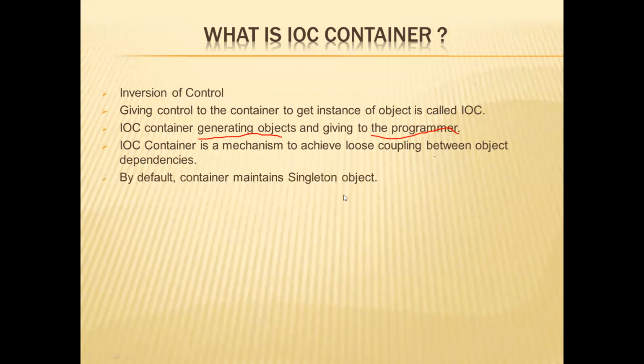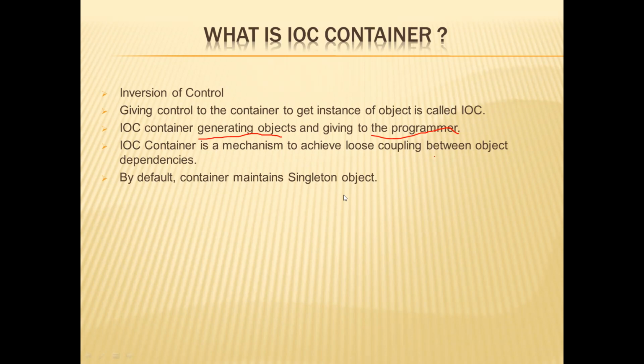By default, the IOC container maintains singleton objects for you, using the singleton design pattern. Whoever doesn't know, please go ahead and look it up. As working professionals, you should have an idea of what a singleton design pattern is. You can create only one object at the container level, not the JVM level.